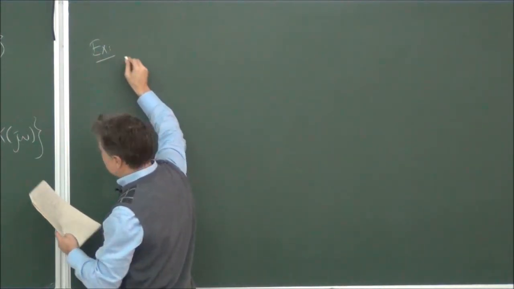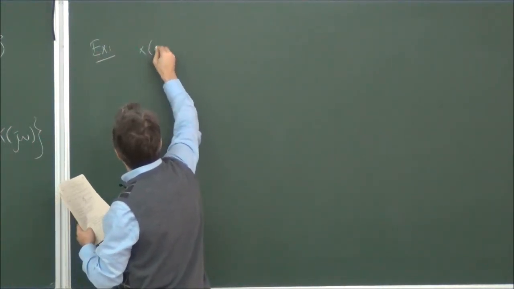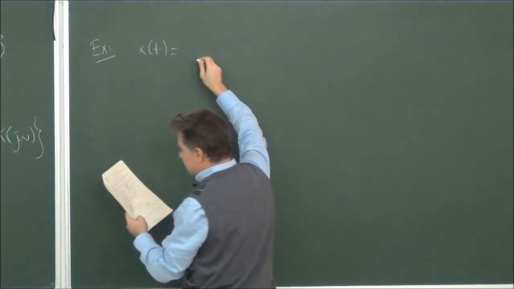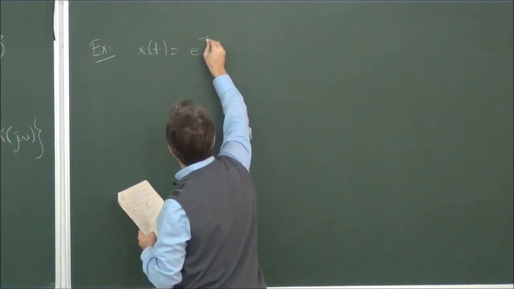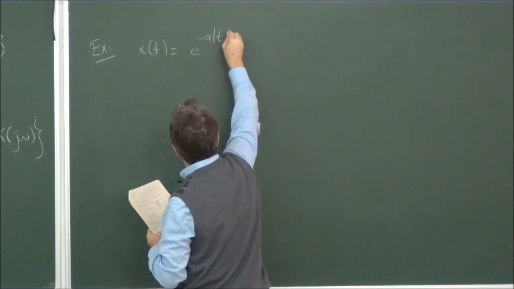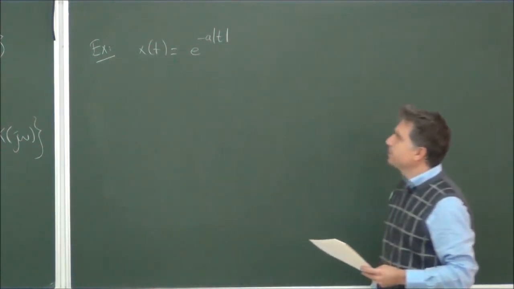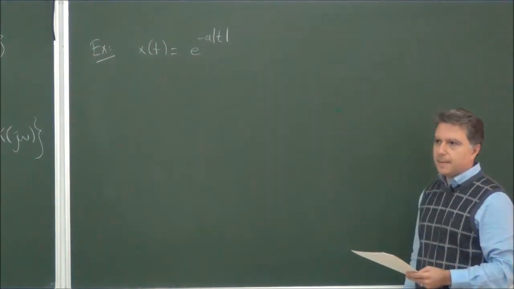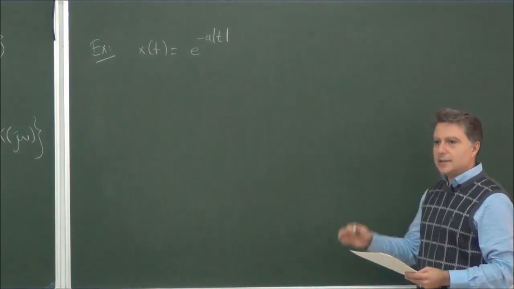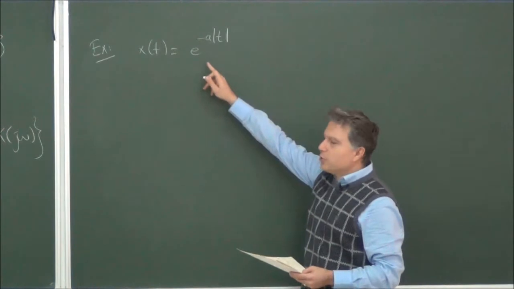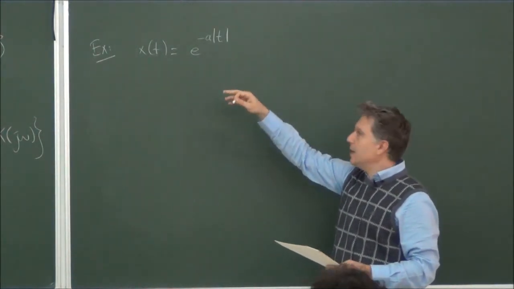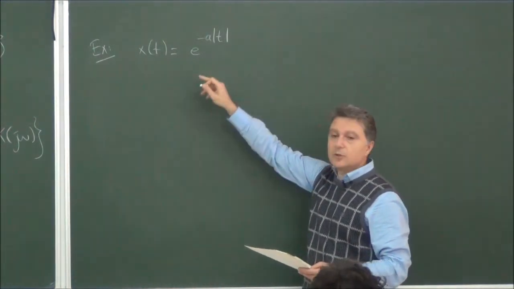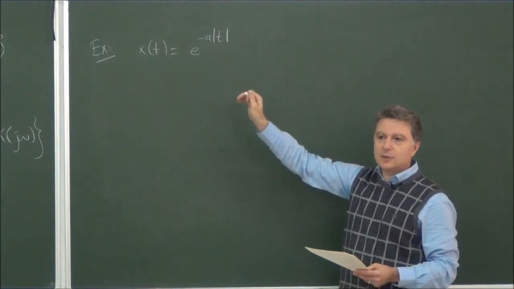The new example is an exponential. It's a real exponential: e to the minus a, absolute value of t, and a is positive, so that it decays. First of all, you must visualize in your head what this looks like.